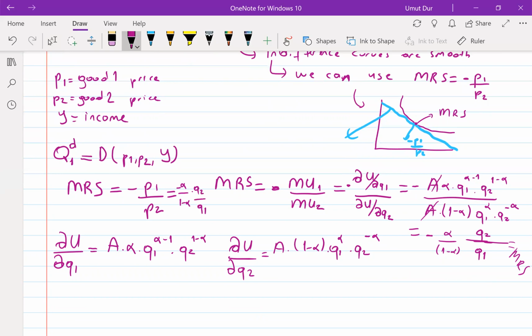Okay, then if I do the math here, p1 over p2 is equal to alpha over 1 minus alpha q2 over q1. And if I want to leave q1 alone, which is the demand for q1, I have the following: alpha over 1 minus alpha q2 times p2 over p1.